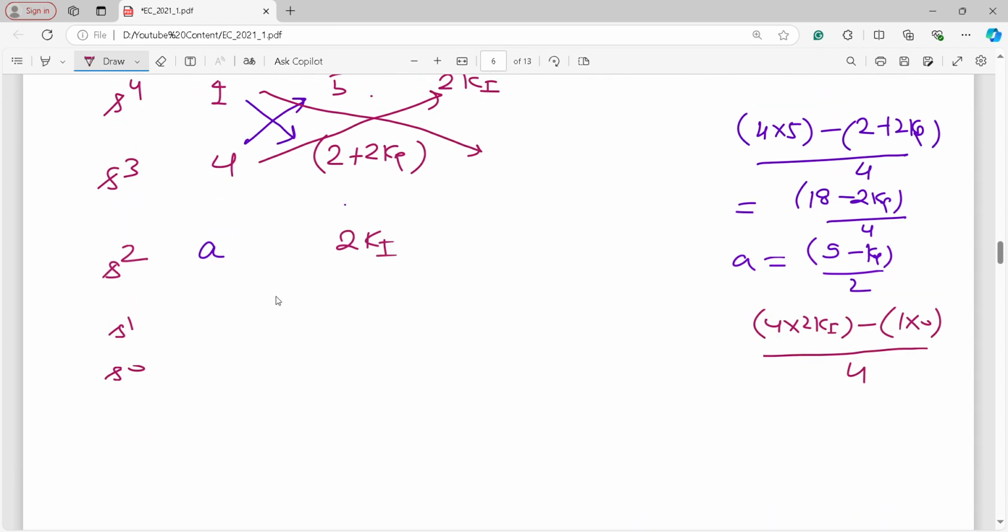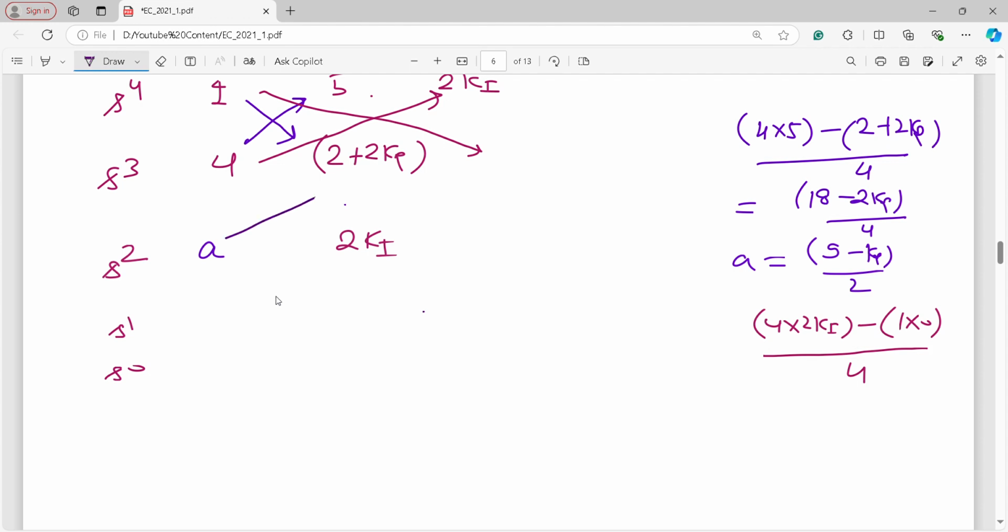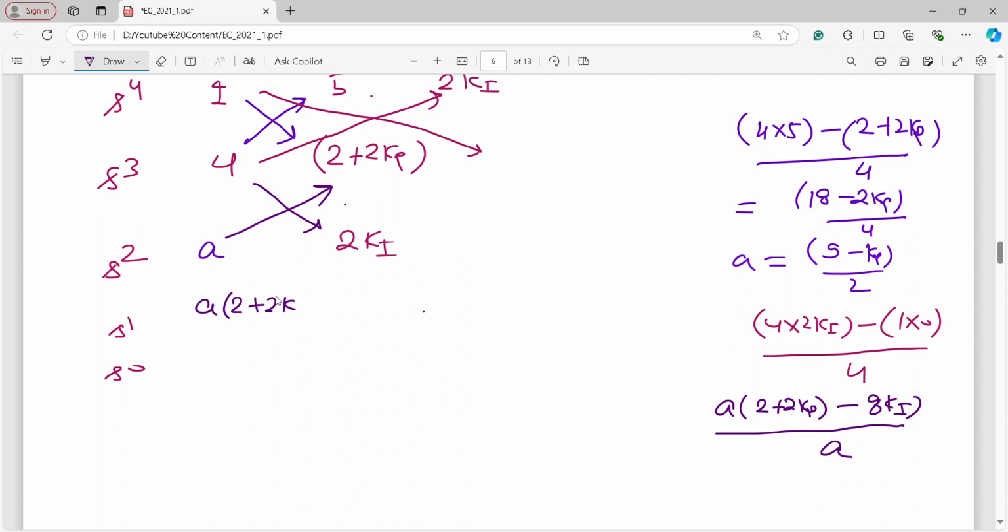Then again let us multiply A into this one minus this, divided by A. So A into (2 plus 2Kp) minus 4 into 2Ki, so 8Ki, divided by A. So it will be A into (2 plus 2Kp) minus 8Ki by A. Yeah, we can assume this complete term like B, so it will maintain cleanness here.